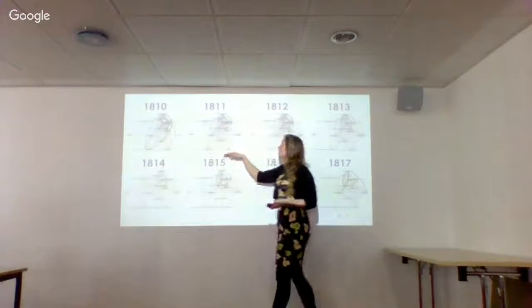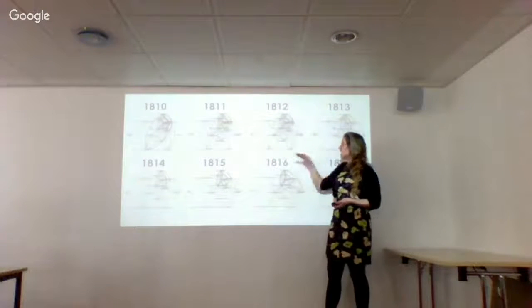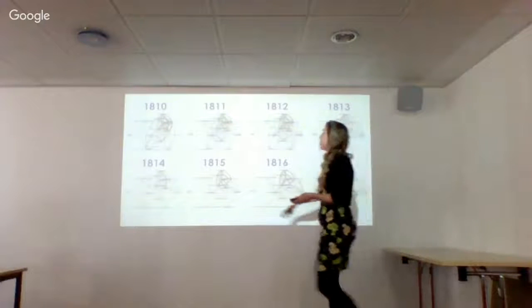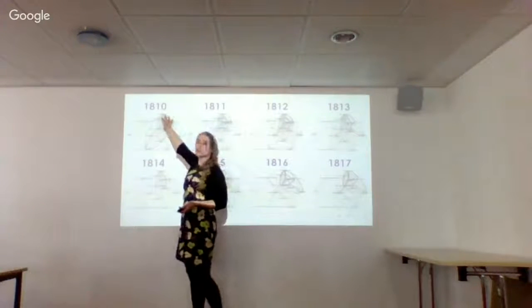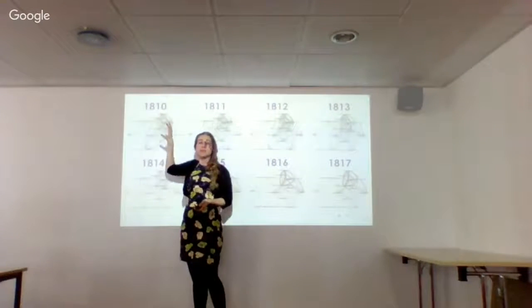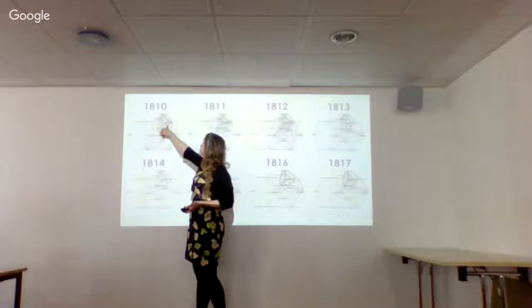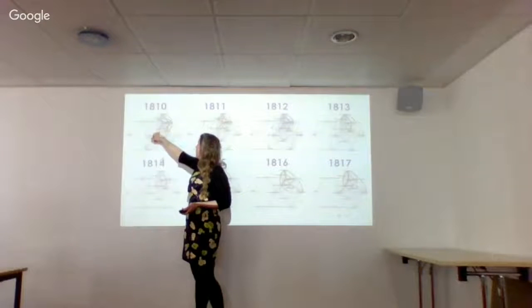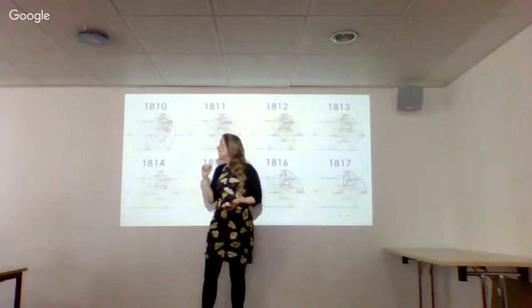And as you look across the decade, you'll notice some interesting patterns start to appear. At the very beginning, you have this little cluster of newspapers that are very similar in their content: the Derby Mercury, the Oxford Journal, the Ipswich Journal, the Leeds Mercury, the Flying Post in Exeter, and the Hull Packet.